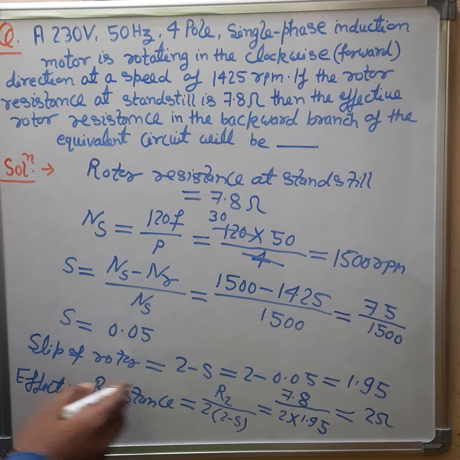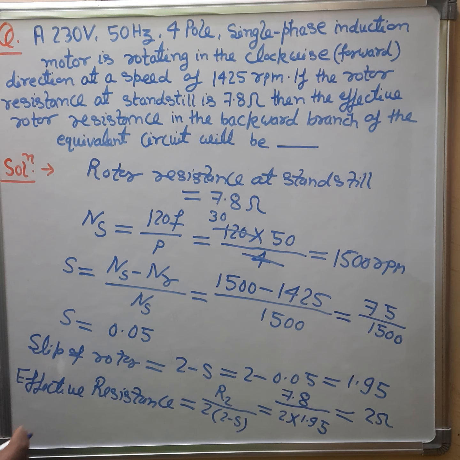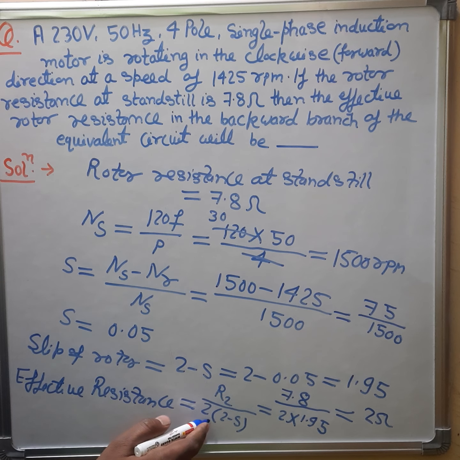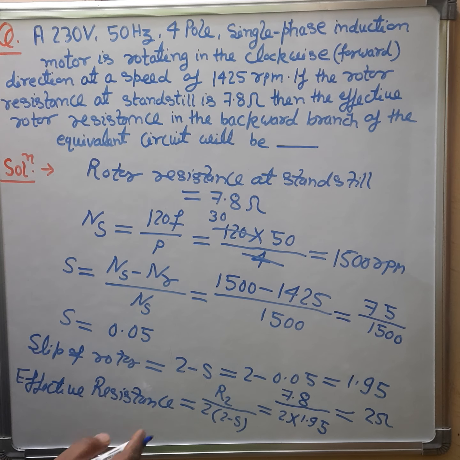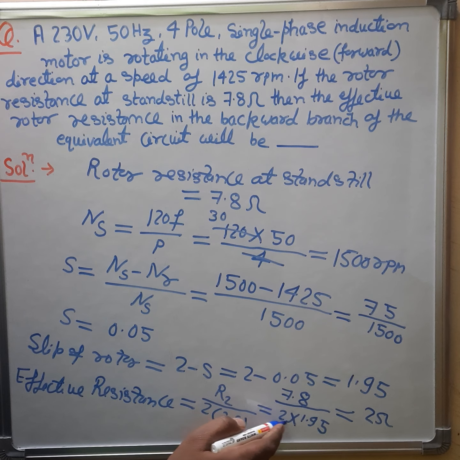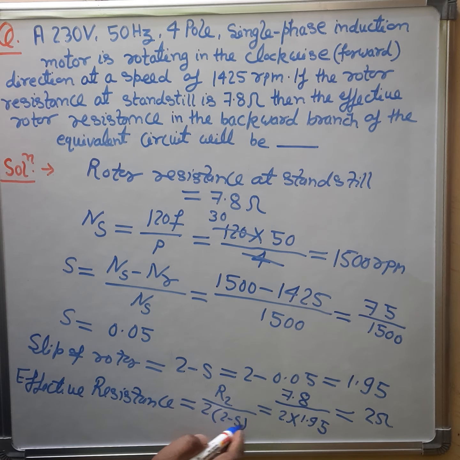Slip of rotor becomes 1.95, then effective resistance is equal to R2 divided by 2 into 2 minus s. Then put the value of R2 as 7.8 divided by 2 into, and 2 minus s is 1.95. Then simplified, this value becomes 2 ohm, which is the answer of this question.